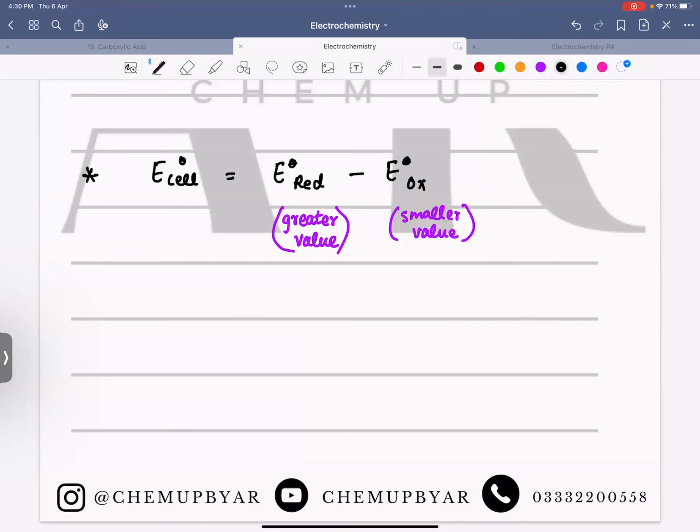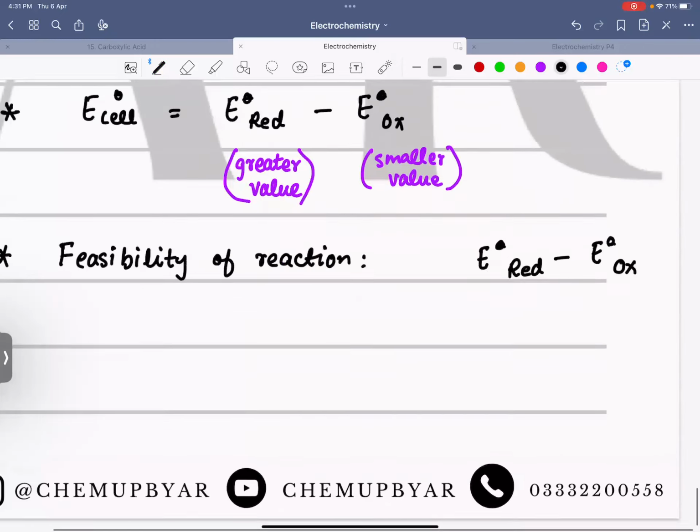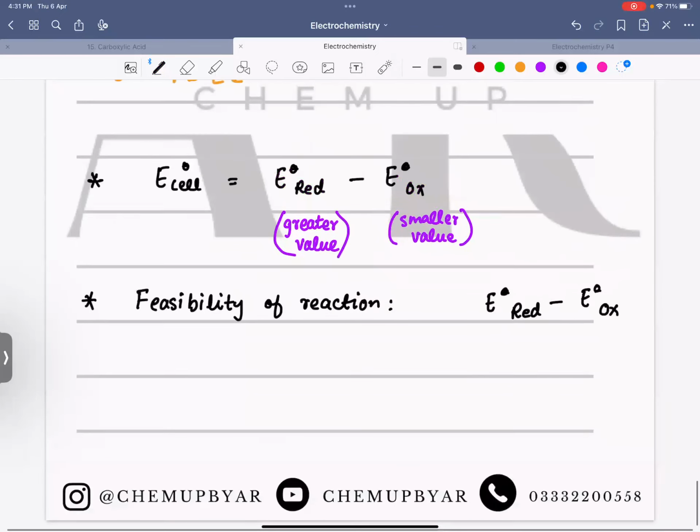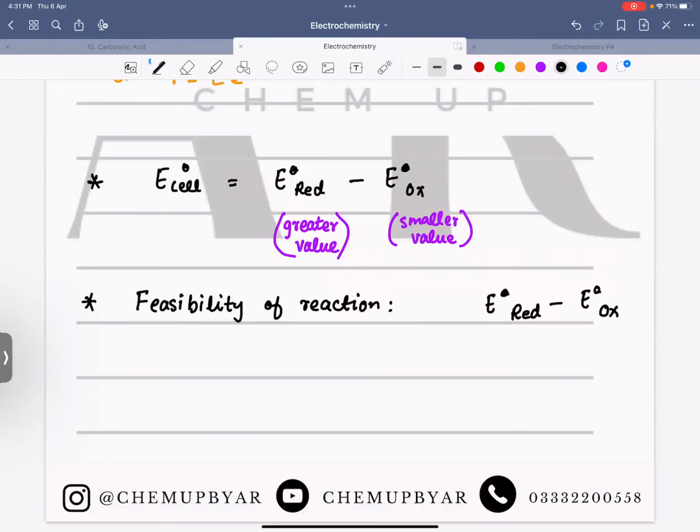The second thing that we do from this expression is check the feasibility of the reaction. For that, I would again do E reduction minus E oxidation. But the only difference is that I don't choose E reduction on my own, as I do when I have to calculate the E naught cell.